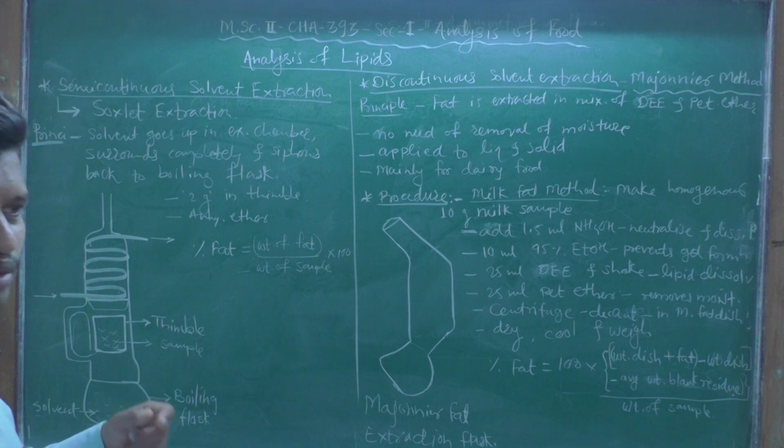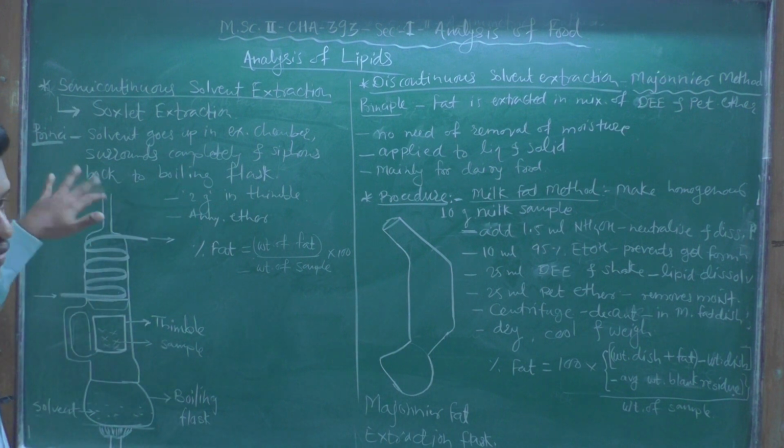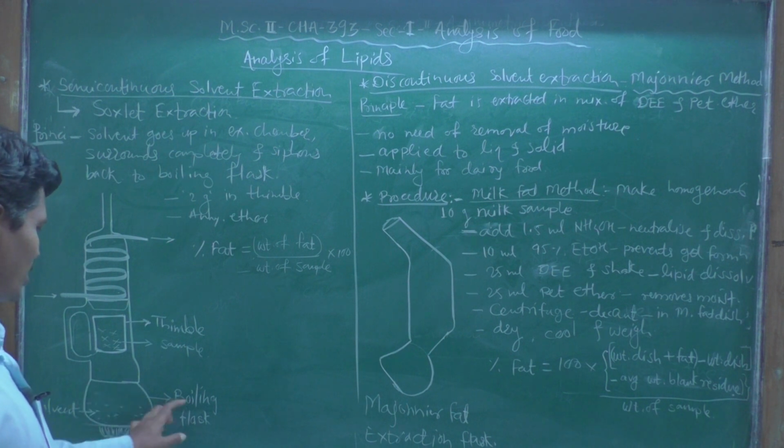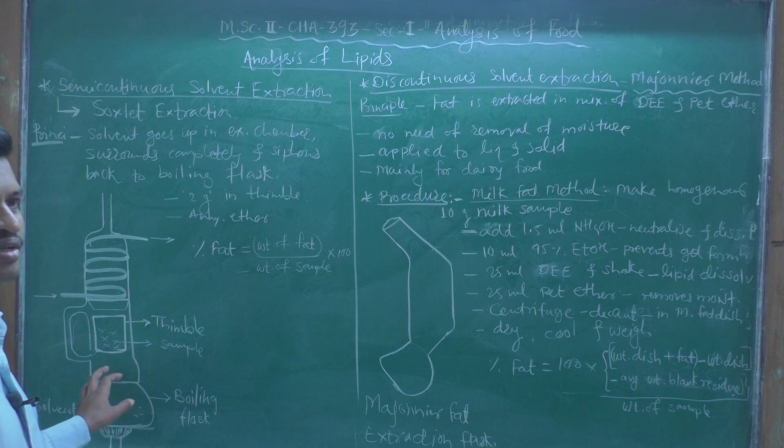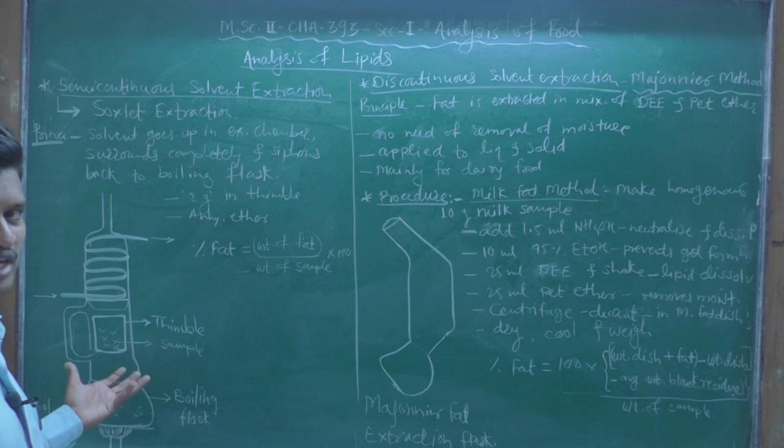Before going to the principle, let us see the apparatus or the setup for this solvent extraction. This is a heating facility at the bottom, and this is a boiling flask, just like our round bottom flask or flat bottom flask.